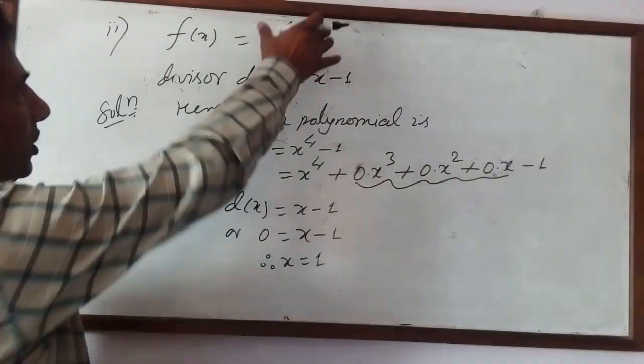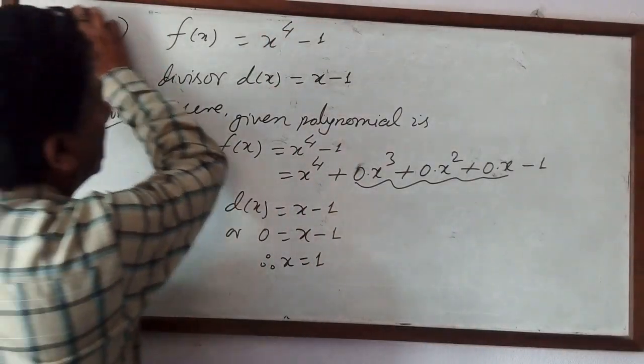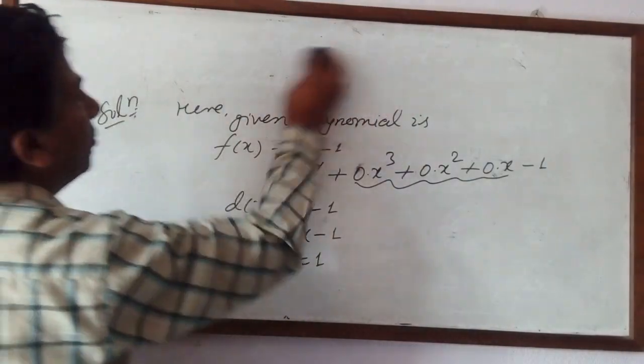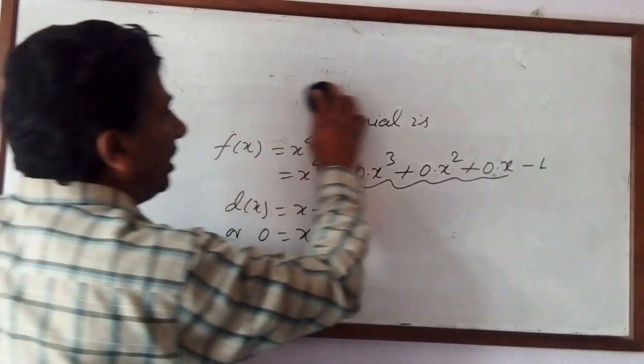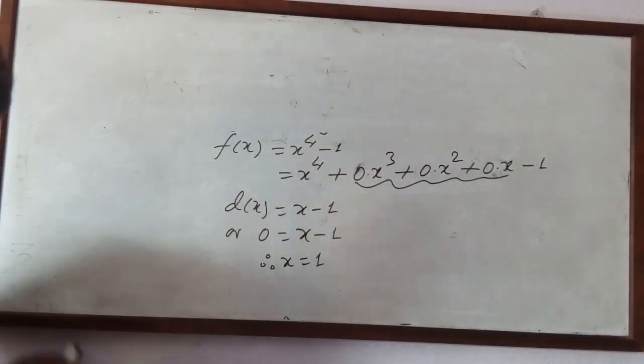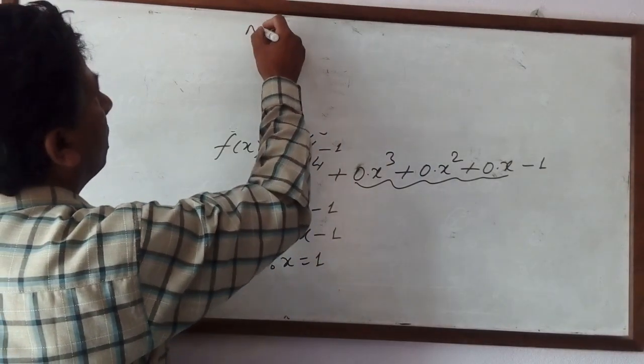Now we have to use synthetic division to find the quotient and remainder.